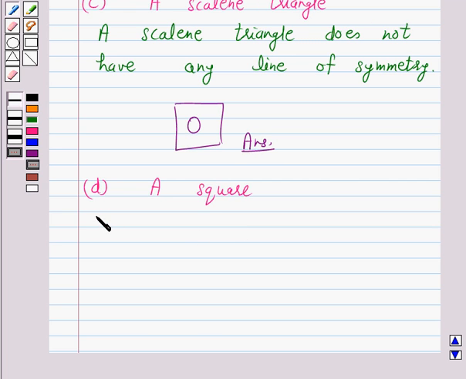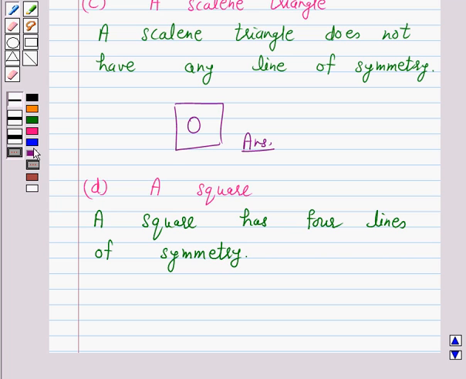Hence, a square has 4 lines of symmetry. So the answer for this part is 4.